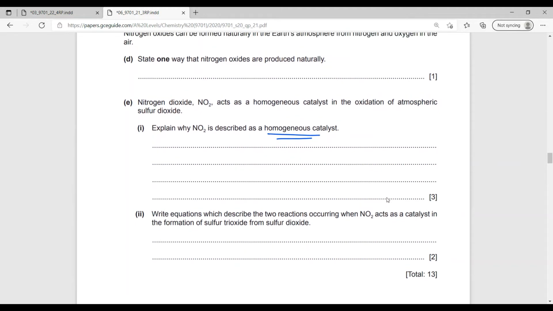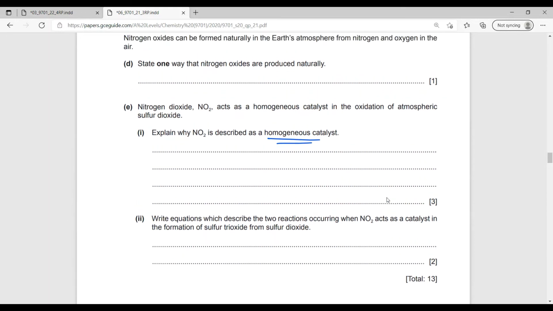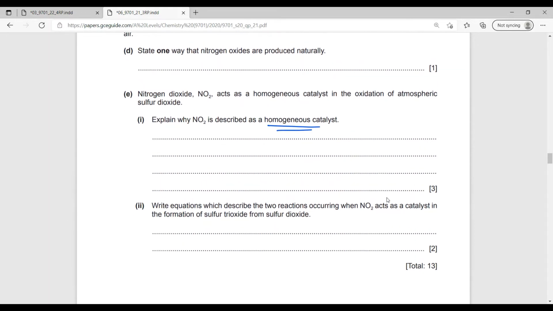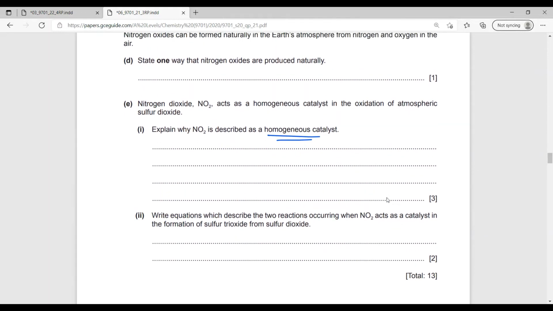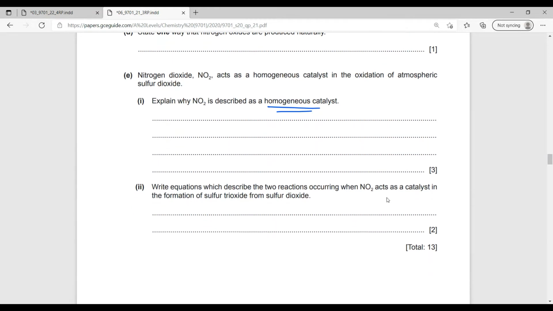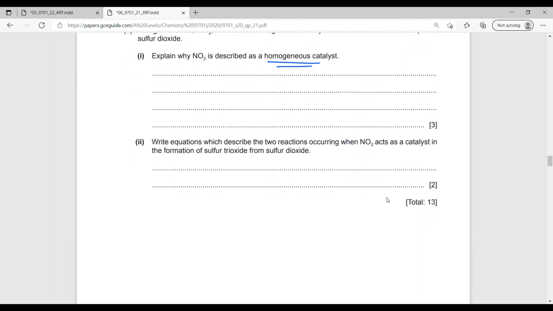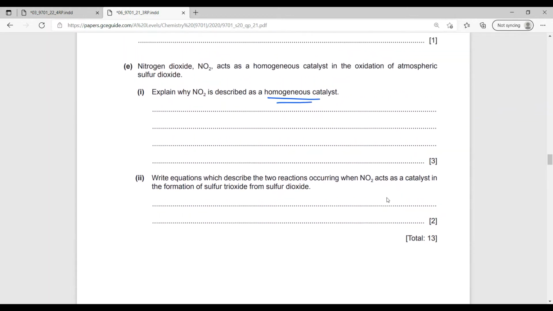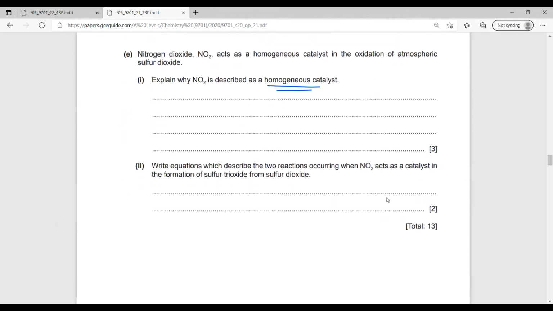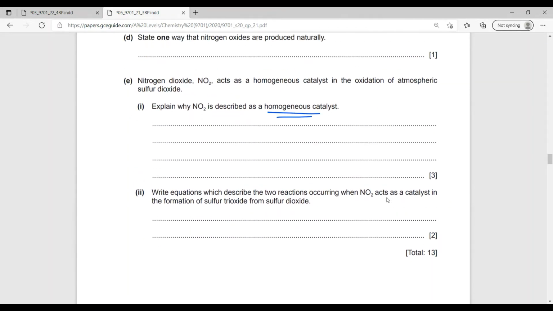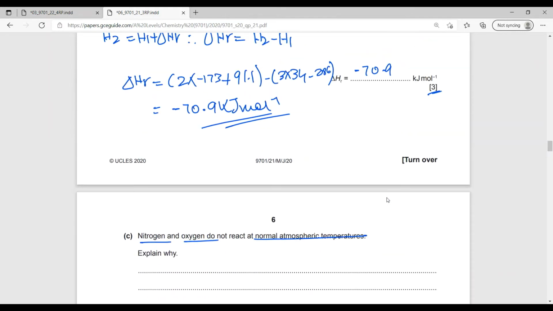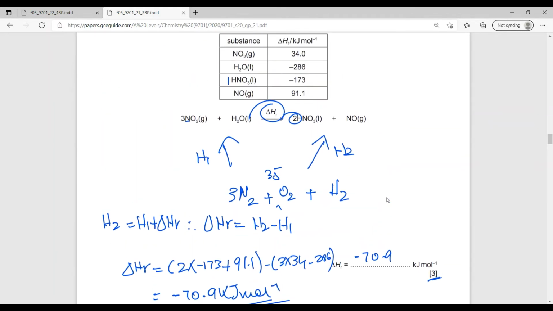If you haven't checked it out, I suggest you do so to be able to answer questions like this. Basically, homogeneous because it is in the same phase, catalyst because it reduces the activation energy by providing an alternate pathway, thus increasing the rate of reaction, right? And write equations which describe the two reactions when NO2 acts as a catalyst. That is a part of reaction kinetics and also part of organic, so I won't be doing that for now.